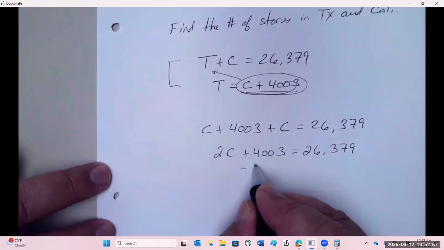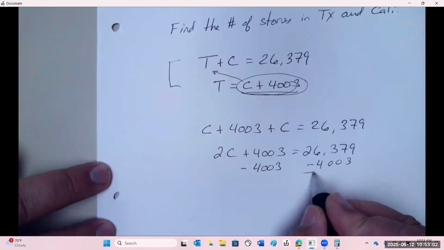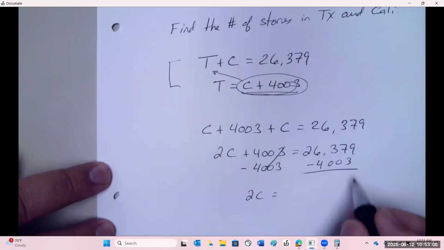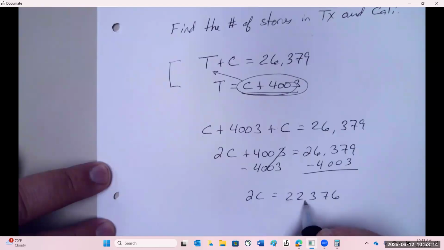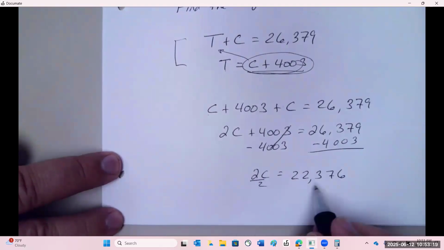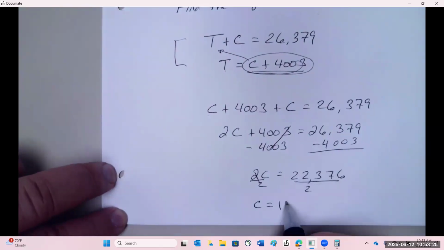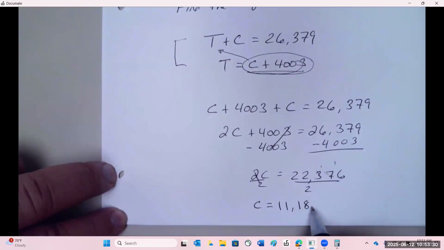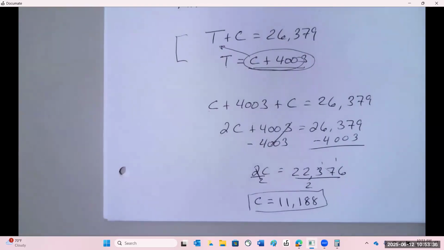Next step, subtract 4,003. So 2c equals 22,376. Now I divide by 2. So the number of stores in California is 11,188.